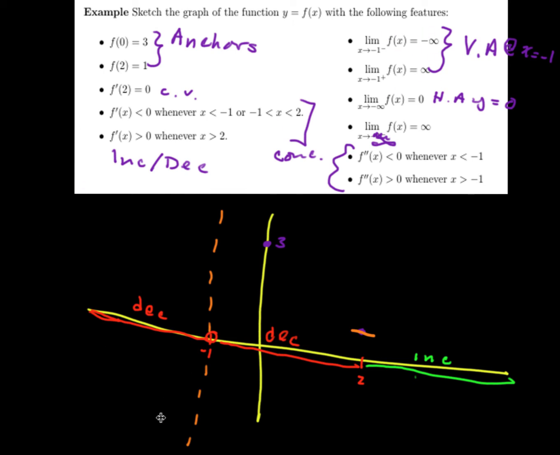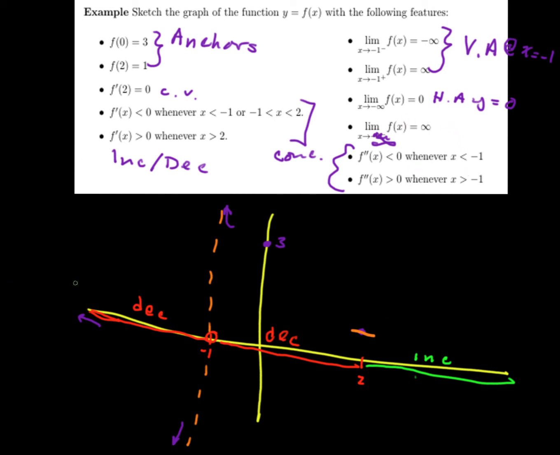So I know it's going down this way to the left, and it's going to positive infinity from the right. So it has to be going up like that. I know I have a horizontal asymptote as x goes to negative infinity. So it's going to have to approach 0, coming from that direction. But it's going to grow without bound from the other direction.